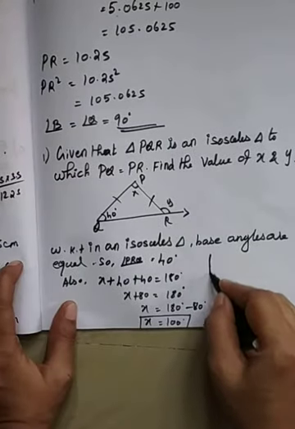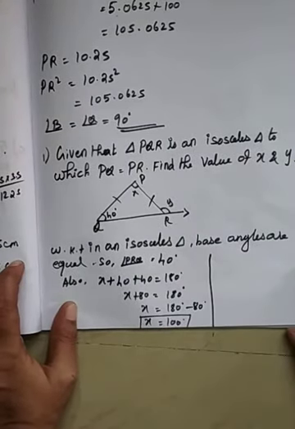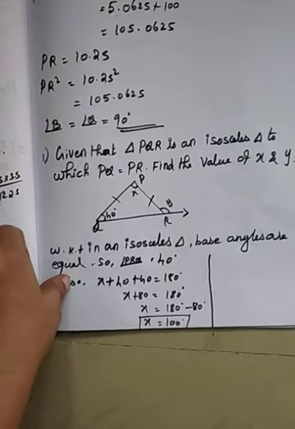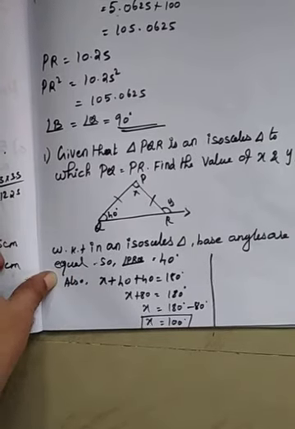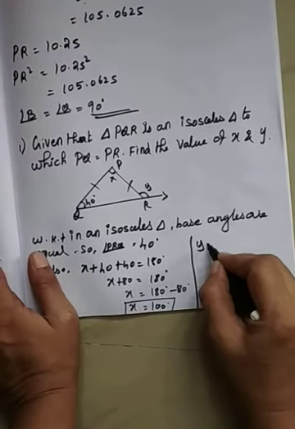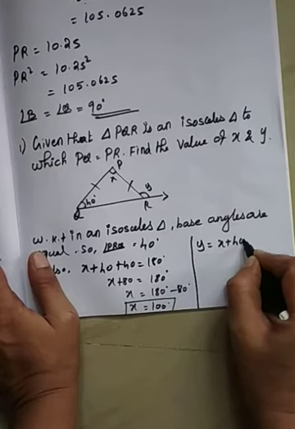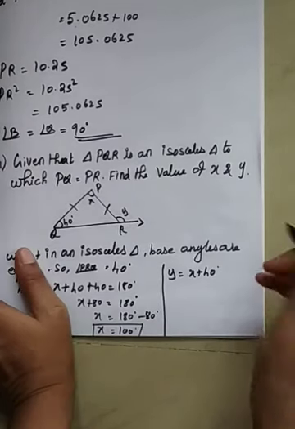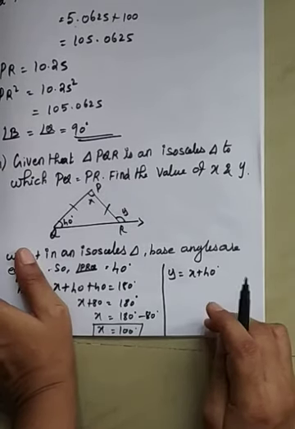Now you can find the other value, y. How can you find it? You know the exterior angle property. What is the exterior angle property? The exterior angle is the sum of the opposite interior angles. So y equals x plus 40 degrees. You can write this as the exterior angle property.